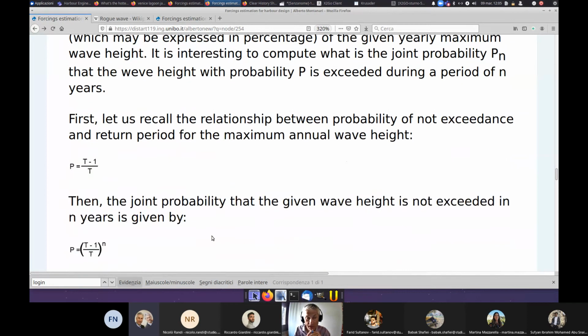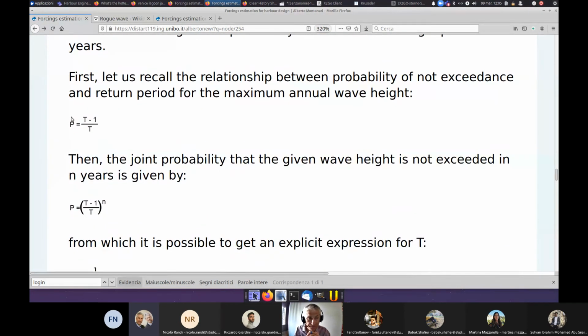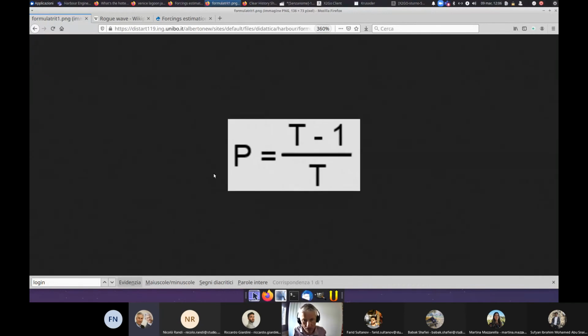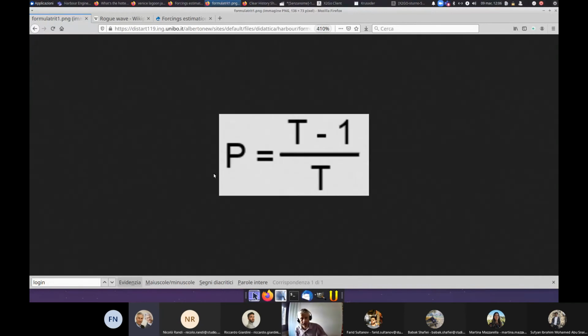And the relationship is shown here. Now, what do you see on the screen? T is the return period, and P is probability of not exceedance. It is a very simple relationship. Please remember it.